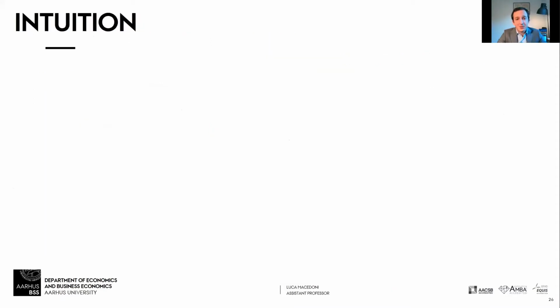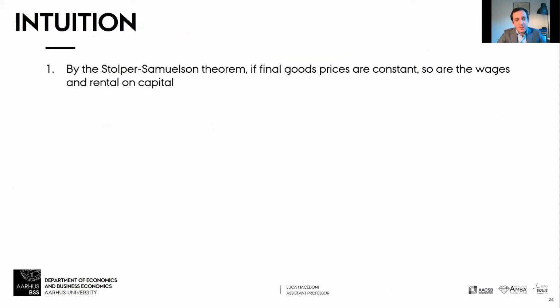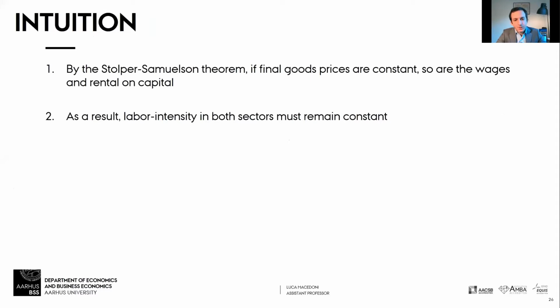So what is the intuition for this result? Well, first of all, recall that if the prices of final goods are constant, then wages and rental on capital will not be changing, right? So that's what we showed last time. So a way to think about it is that if the prices of final goods do not change and the wages and rental on capital do not change, that also means that the labor intensity in both sectors has to remain constant, right?